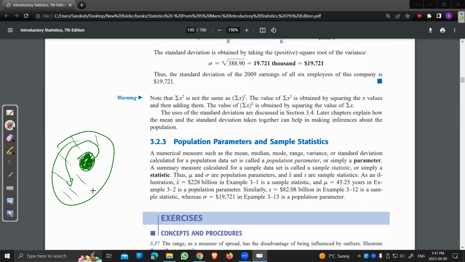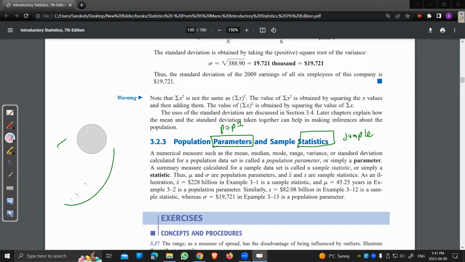Statistics always refers to a sample, whereas there's something called a parameter. This is your mu, basically. This is your population. Statistics is for samples. Parameters are for the population. And it's very hard to gather data for the population. That's why almost always we use a sample to make predictions.